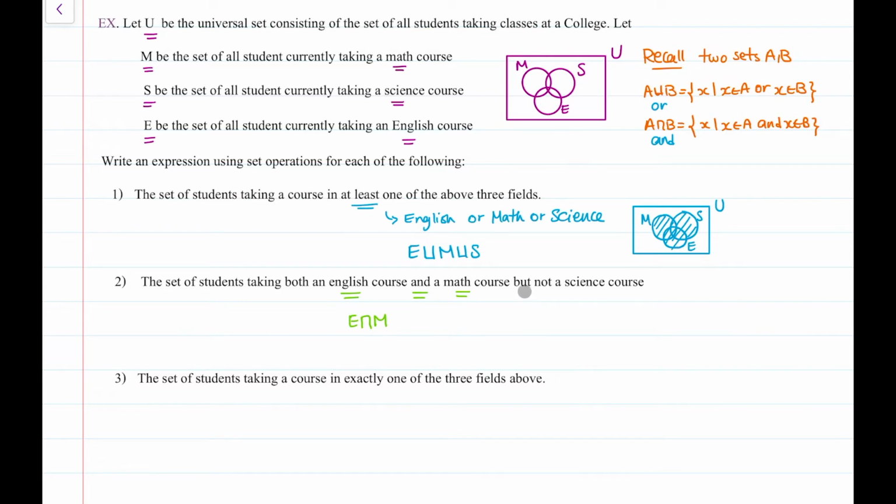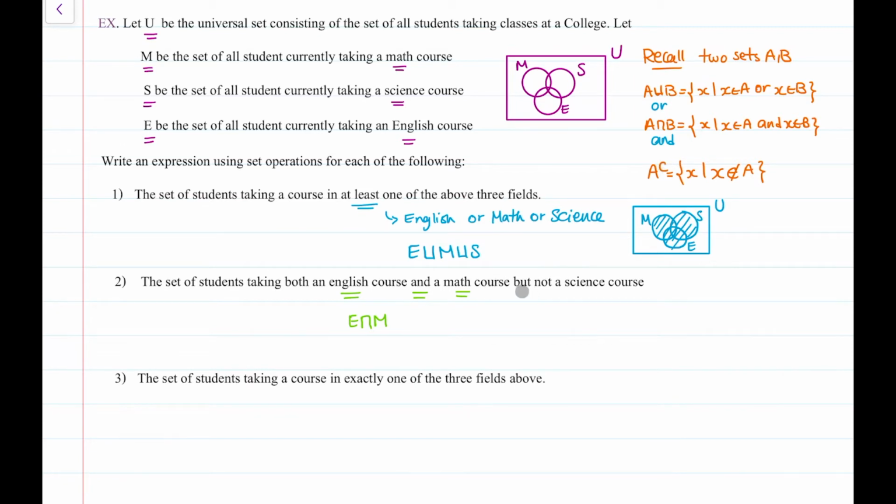Okay, and it says but not a science course. About the not, let me give you one more recall: if we have a set A, then A complement is the set of all the elements of the universal set such that X is not in A. So whatever elements are not in A, they would be in the complement.